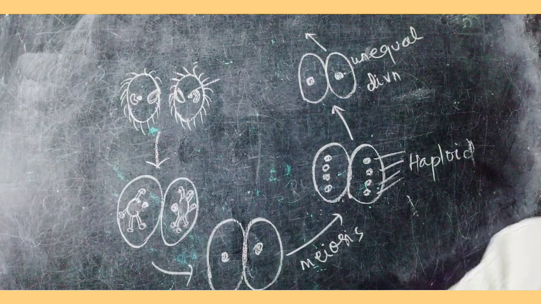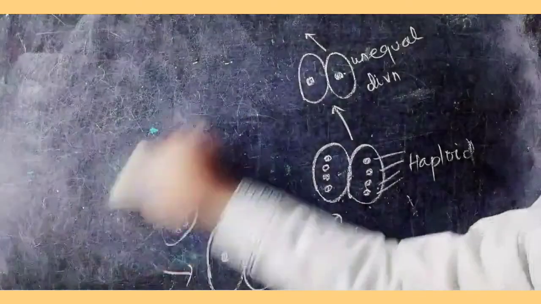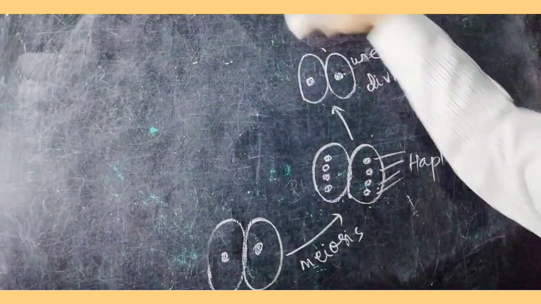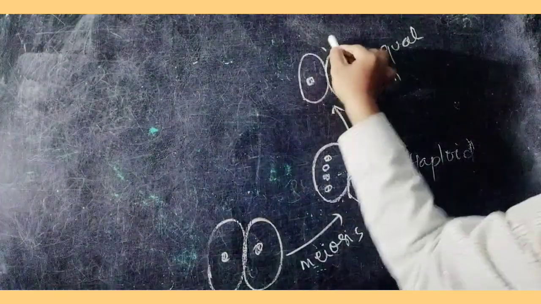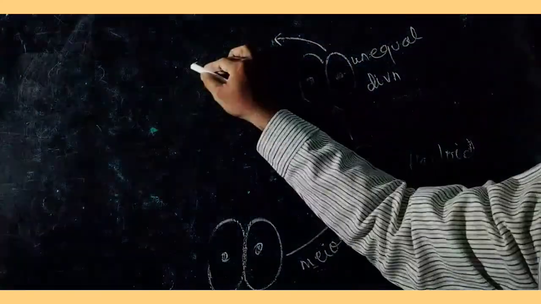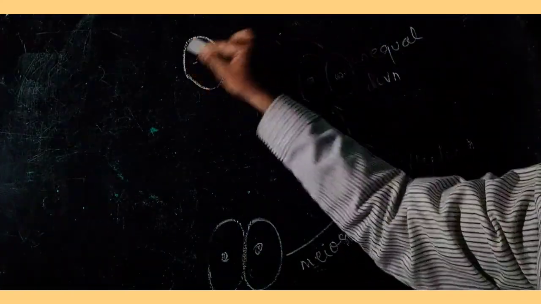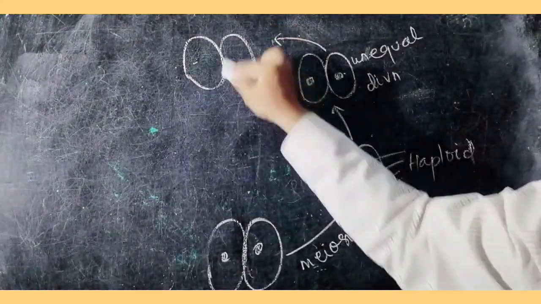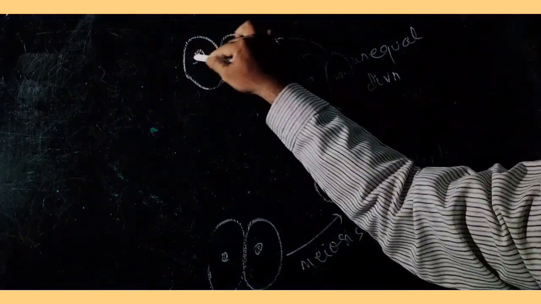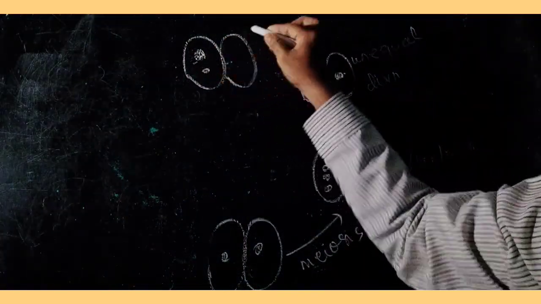What happens after this unequal type of division? A larger fragment and a small fragment.